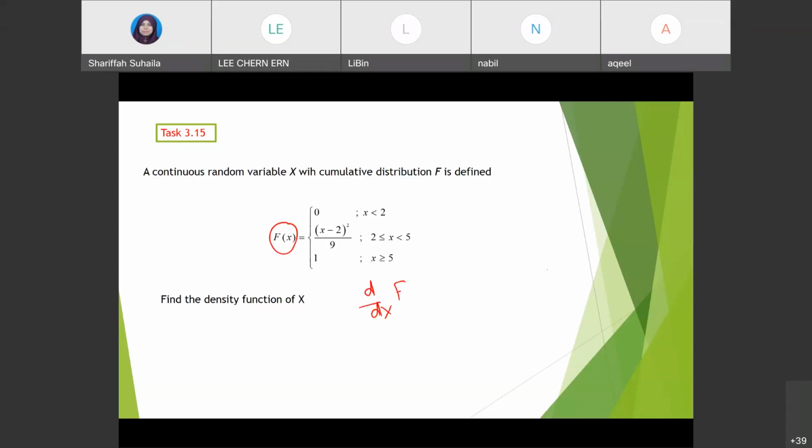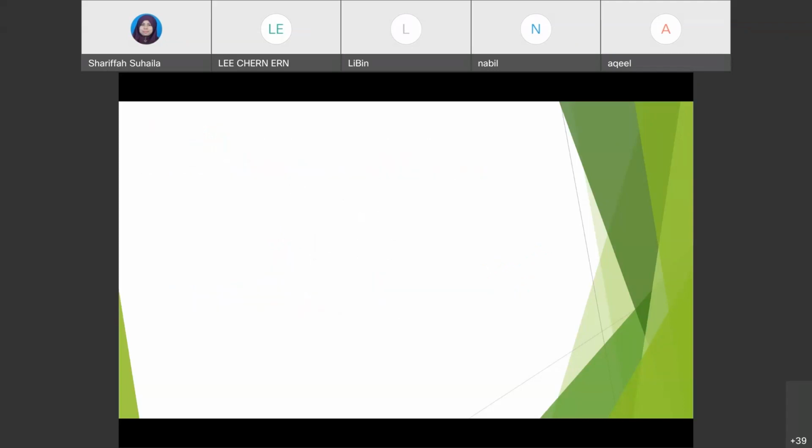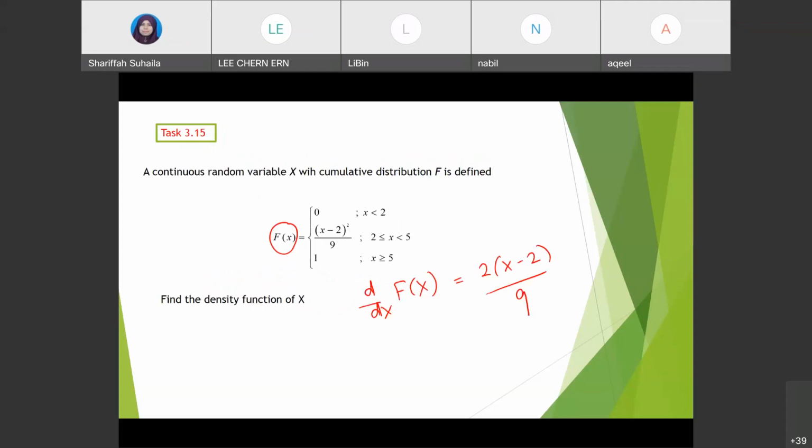Okay, so tulis balik dalam bentuk fungsi. Okay, so that's mean 2(x minus 2) over 9. Okay, ini from 2 and 5. Okay, selain pada 2 to 5, 0 lah. Okay, because you differentiate 0, 0, differentiate 1 pun 0.